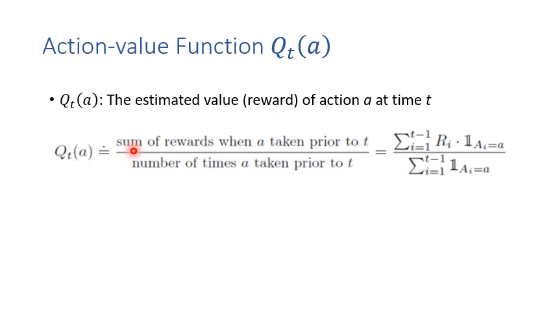Qt of A is actually the sum of rewards when action A is taken prior to time t, divided by the number of times action A was taken prior to time t. We can actually use the indicator function to represent the Qt of A. This one, capital A_i equals A, is called the indicator function.